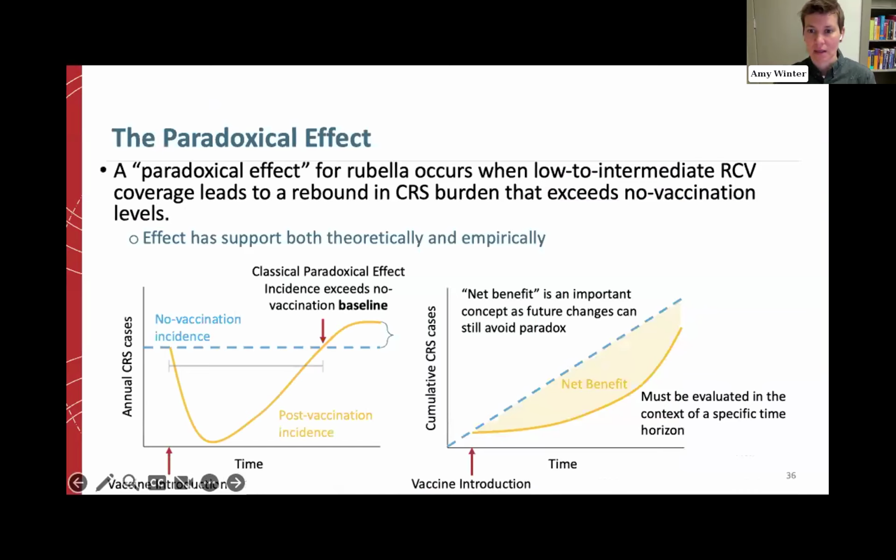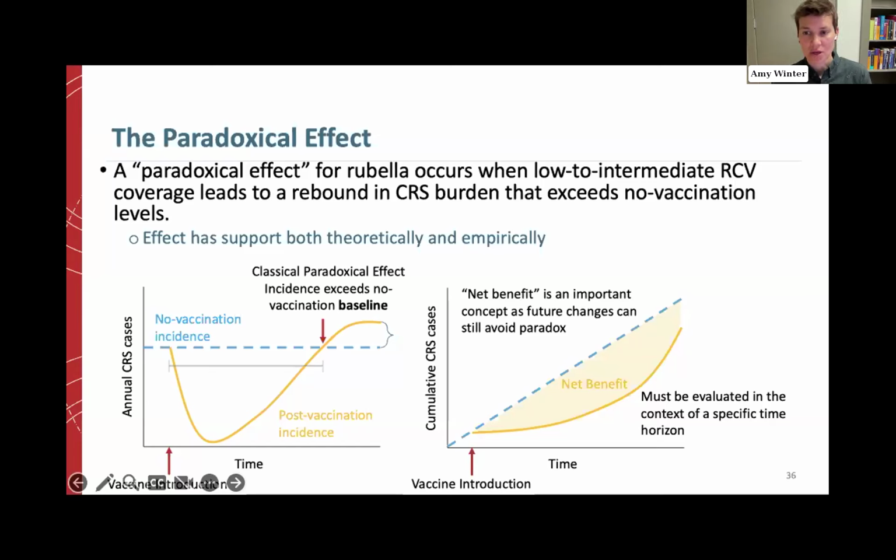Next slide. Now with those 18 scenarios in mind, 1 no vaccine scenario and 17 vaccine scenarios, we did forward projections to evaluate the consequences of rubella vaccine introduction in respect to 1, the net benefit in terms of reduction of CRS over a period of time, and 2, the risk of the paradoxical effect or the exceedance of baseline in any individual year.